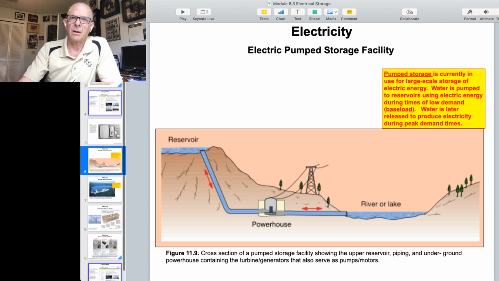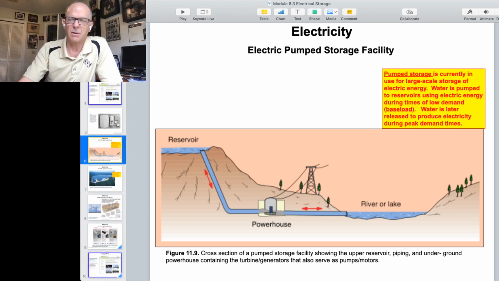Other storage technologies that are talked about, and in particular talked about in the book Sustainable Energy Without Hot Air, are at the power plant. If the geography lends itself to that, you can use the electricity to run a pump and pump water uphill to a reservoir at the top of a hill. And then, say, if you're using solar energy at night, you can let that water run from the reservoir back down through that pump, and it turns the generator and it makes electricity again.